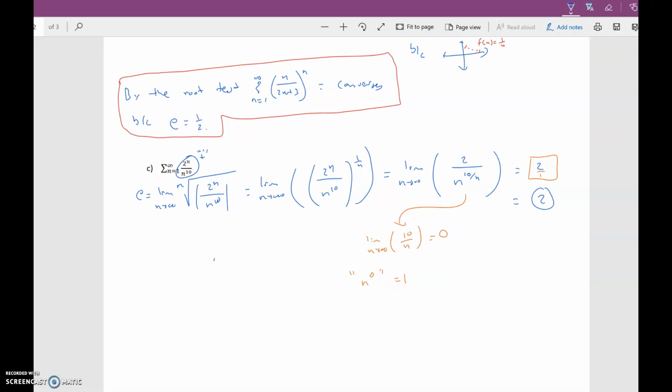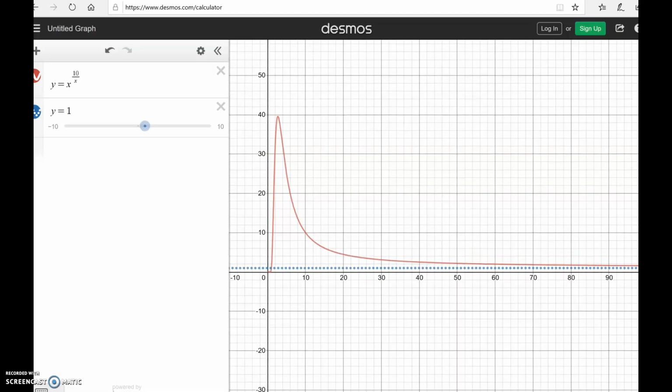And let me give you the graph. Actually, let me graph it so that you see it. So the graph of n to the 10 over n. Give me just a second. Okay, so here's the graph. You can see that as x approaches infinity, your function approaches technically the value of 1.